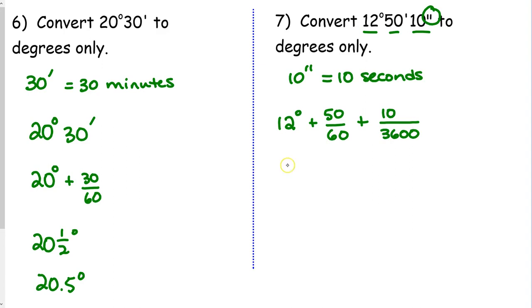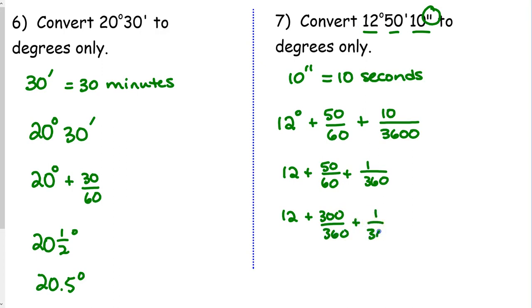So this is going to be 12 plus, I want to get a common denominator. Let me just simplify the second fraction a little bit. Let's get a common denominator of 360. So I'm going to multiply the first fraction by 6. And then I can add these fractions together.